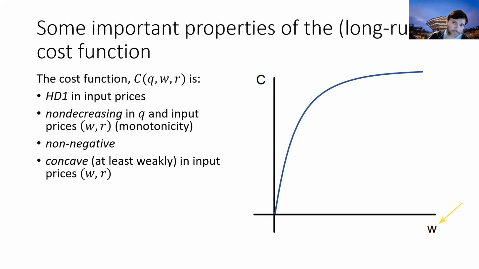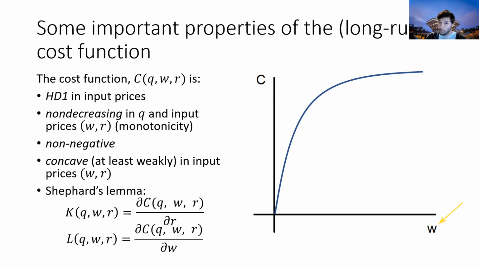The last property we're going to spend a good amount of time talking about next lecture is something called Shepard's lemma. And Shepard's lemma is a pretty neat trick with a derivative. If you take the derivative of the cost function with respect to either input price, then you can actually get back the conditional demand for the inputs.